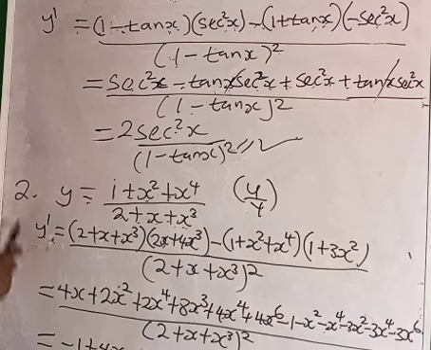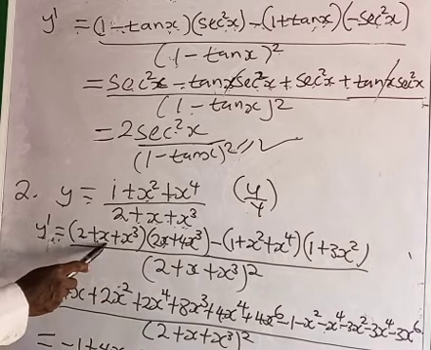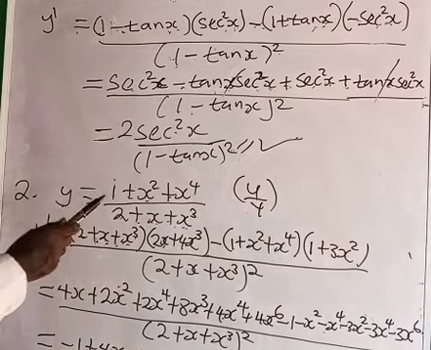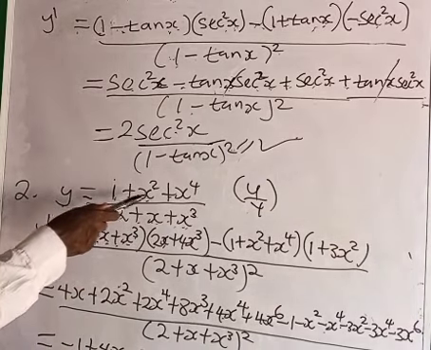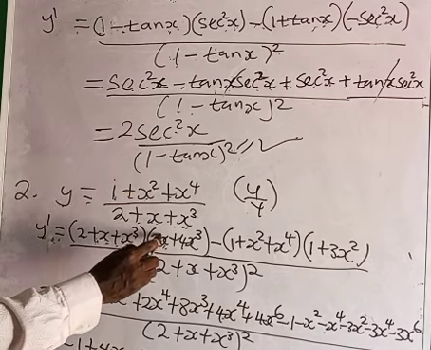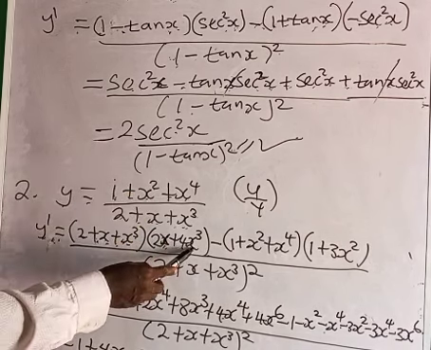Of course, our result y prime, dy over dx, equals, keep your denominator, which is 2 plus x raised to power 3. Differentiate your numerator. 1 is constant, 0. Differentiating x squared, we have 2x. Differentiating x raised to power 4, that is 4x raised to power 3.